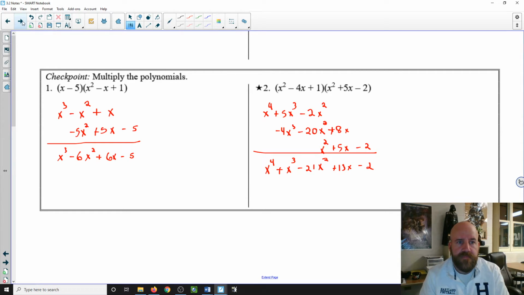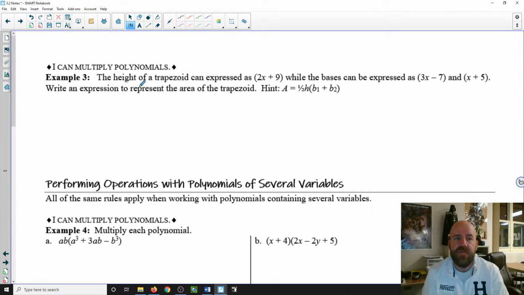Alright, let's take a look at the next example here. So the height of the trapezoid can be expressed by 2x plus 9, while the bases can be expressed as 3x minus 7 and x plus 5. So let's draw this out. So we have x plus 5 as a base.